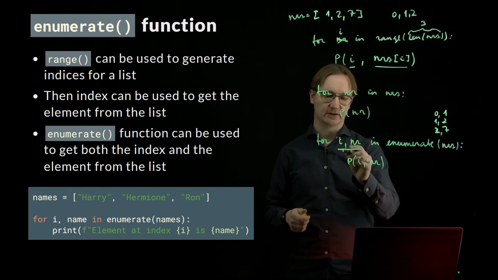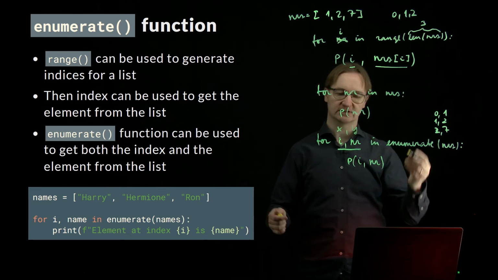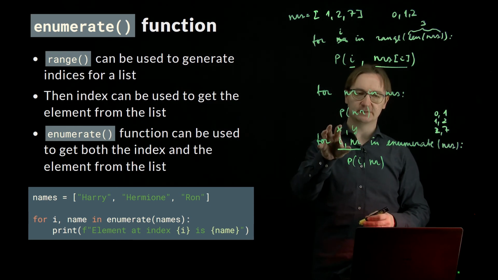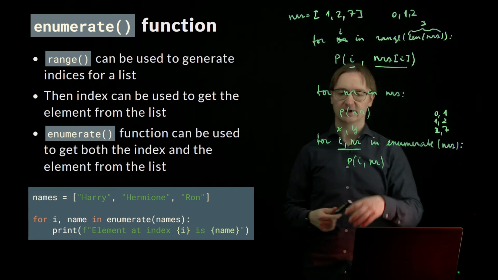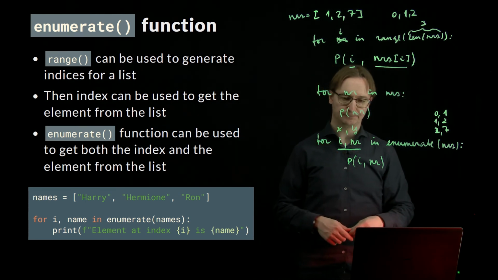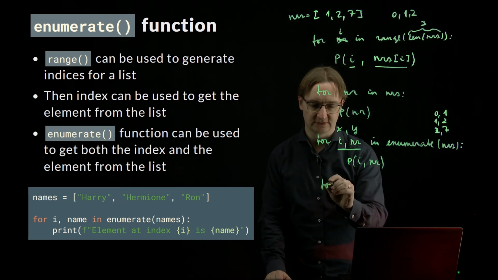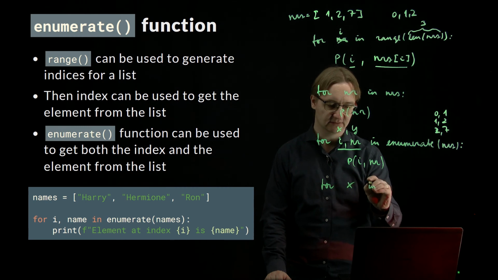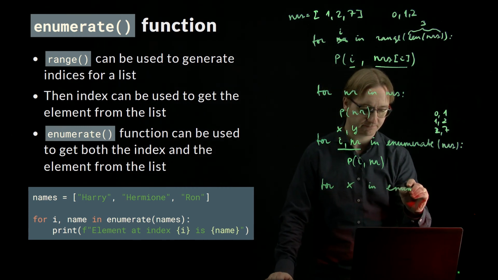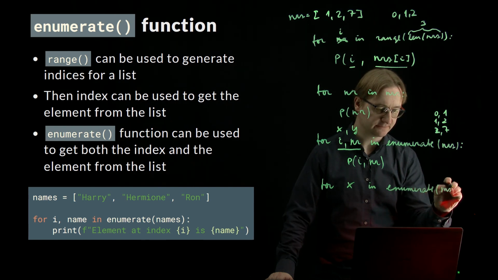It doesn't have to be i. I could use also x and y here, for example, whatever. Those are just variables which get the values from the pairs, but you have to have 2 values here. There is an option to write it as for, let's say, x in enumerate numbers.